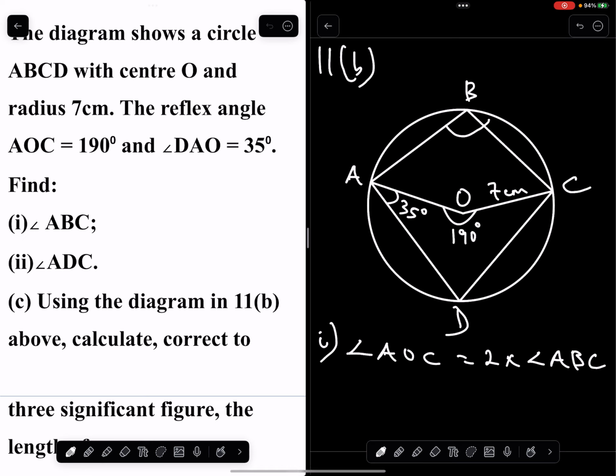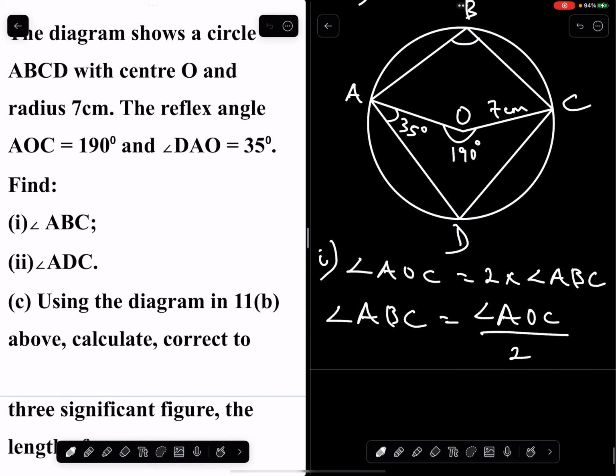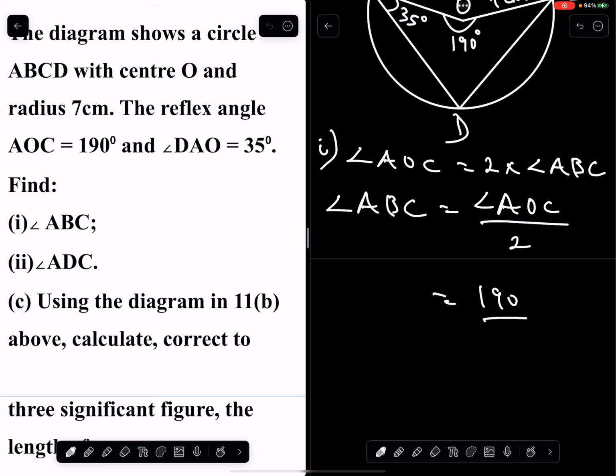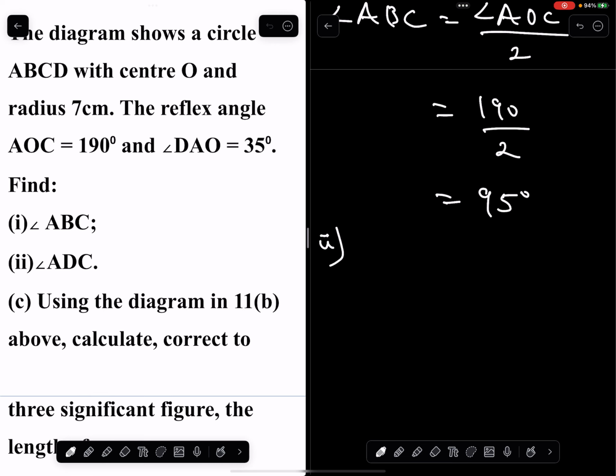This is the angle at the circumference, and this is the center angle that is double this angle at circumference. So angle ABC is equal to angle AOC over 2. We already know that reflex angle AOC is 190 degrees, so that's 190 over 2, and that's equal to 95 degrees.